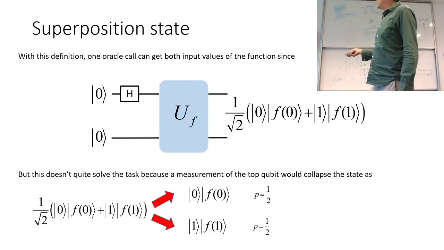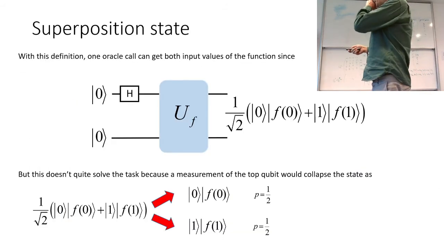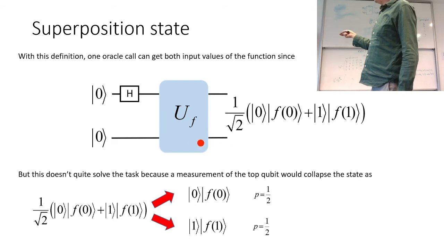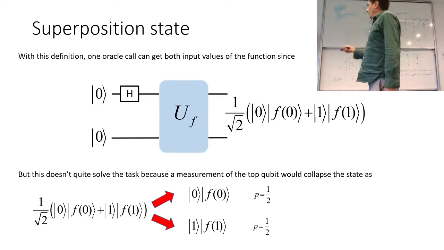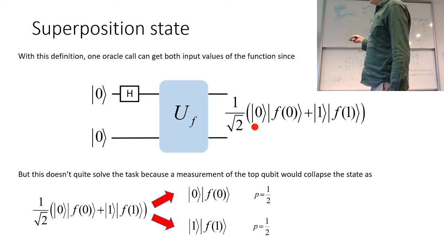And over here I give an example of how you can also put in a superposition state. If you put a Hadamard gate here, then the state just after the Hadamard will be 0 plus 1. I've set this one to 0 because that's the simplest case. Then on the output, I'm going to have 0, F of 0, plus 1, F of 1.